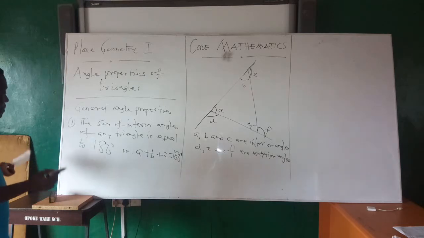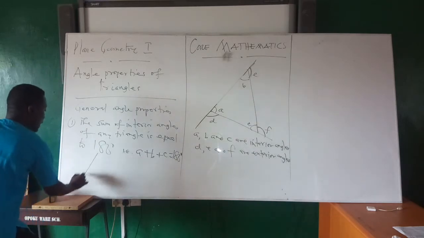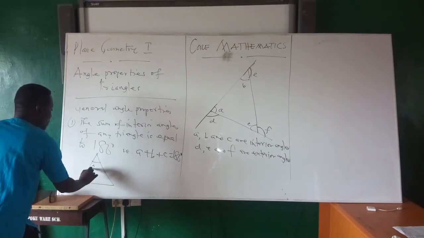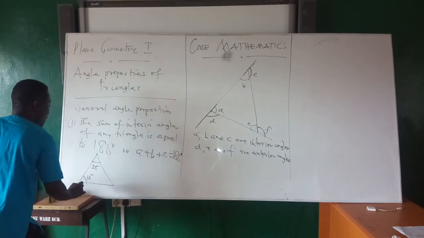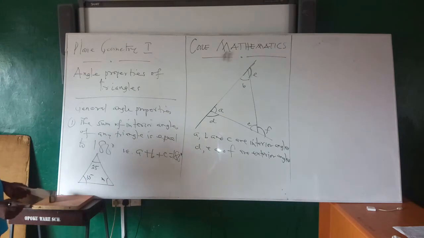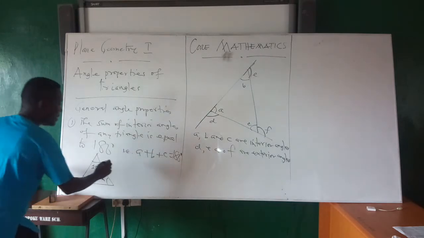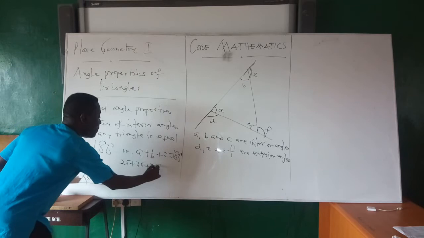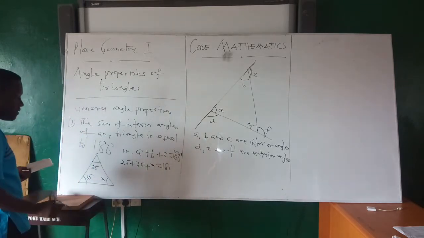So maybe by an example, if I happen to have this angle to be 25 and this is 35, and this angle is say M, and I want to find M, then it will mean that because the sum of the interior angles of any triangle is 180, 25 plus 35 plus M will give me 180.